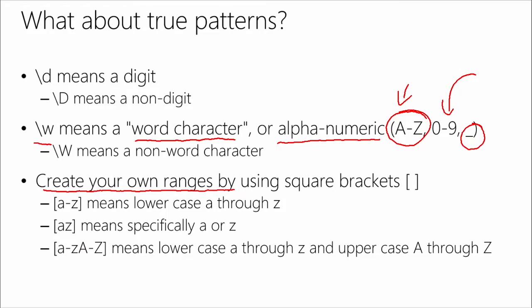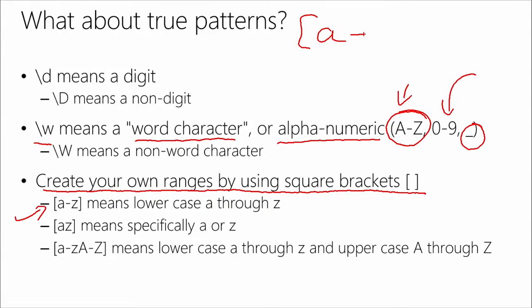Well, fortunately, you can create your own ranges, and you do that by using square brackets. The way the square brackets work is a little bit funny when you first see it. It's a square bracket and then some starting letter, let's just say A through, I don't know, R, for example. That sort of makes sense.